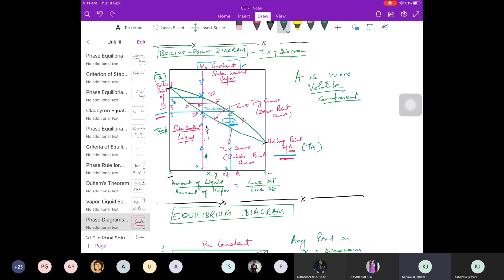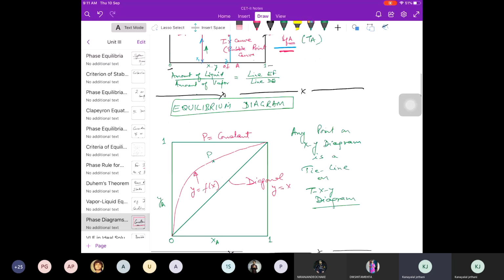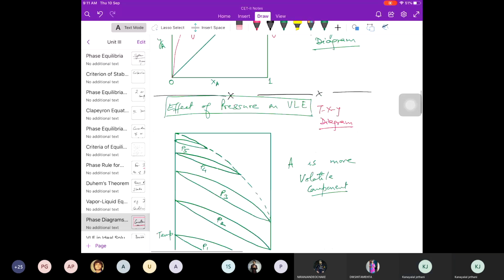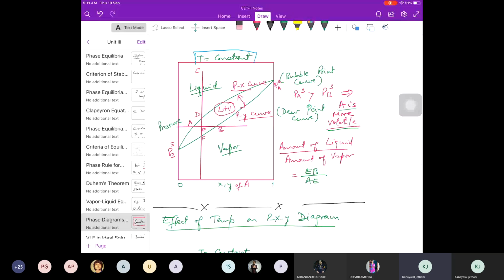अगर ये नीचे वाला डायग्राम देखा, if you see this one, now temperature is given, composition is given, I have to find the pressure. Liquid is here, so I am going from here till I reach a pressure at which the liquid composition can be found by the tie line.